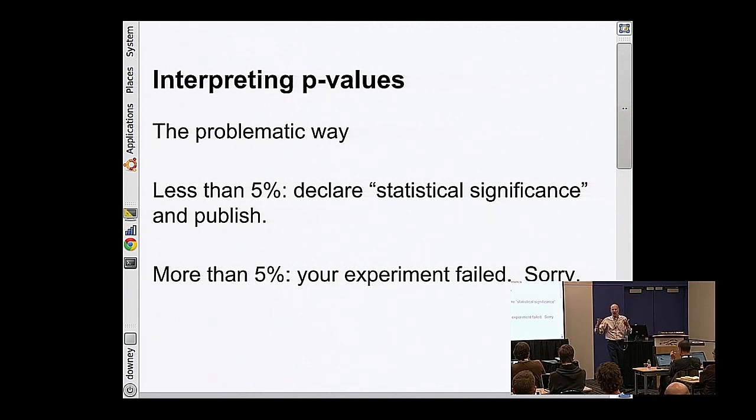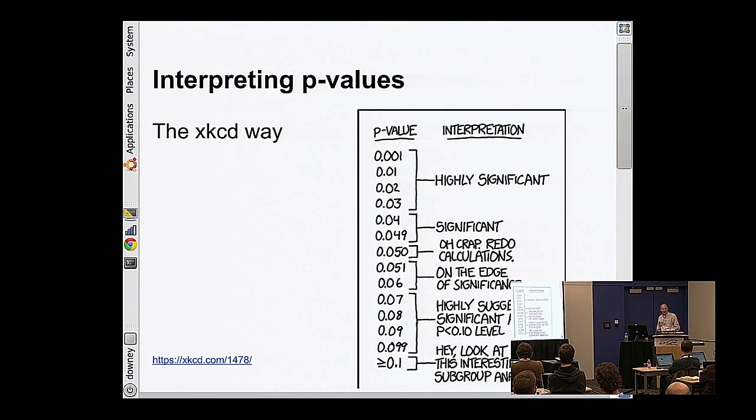People have done some meta-analysis to estimate what that actually might be, and the numbers could be 50%. I should have put this in the notes. I'll try to add a link to a paper that came out a few years ago that makes that argument, that estimates, and it says something like most of what we think we know is wrong. And it's partly a result of this problematic way of interpreting things. This is XKCD making fun of the problematic way of interpreting things.